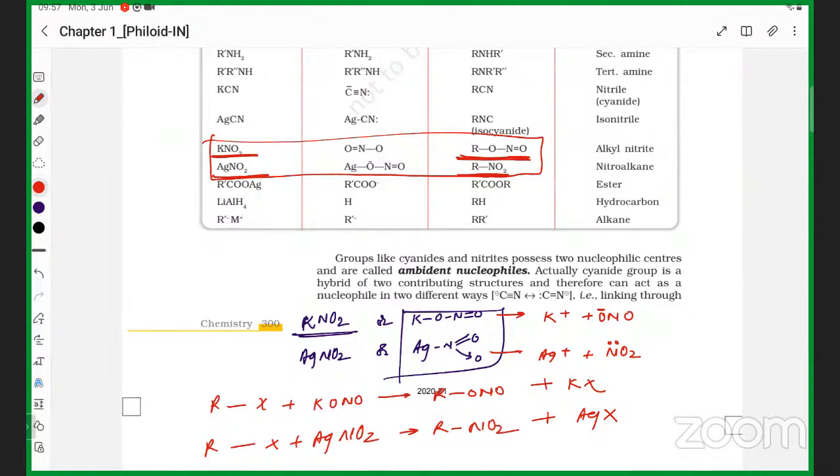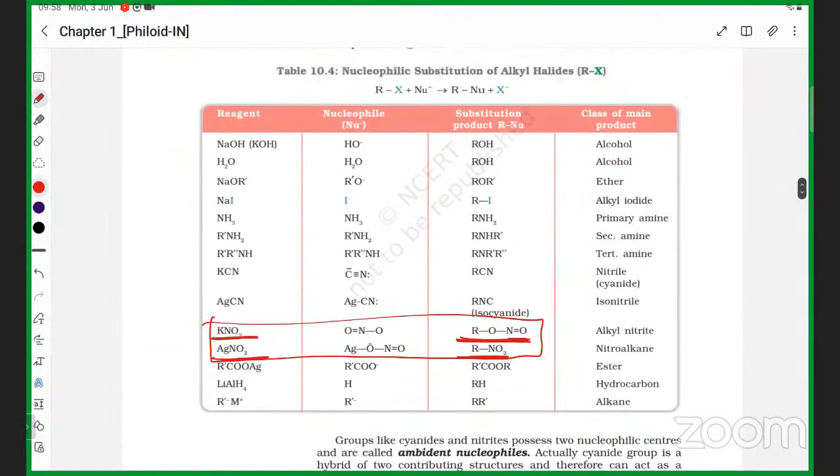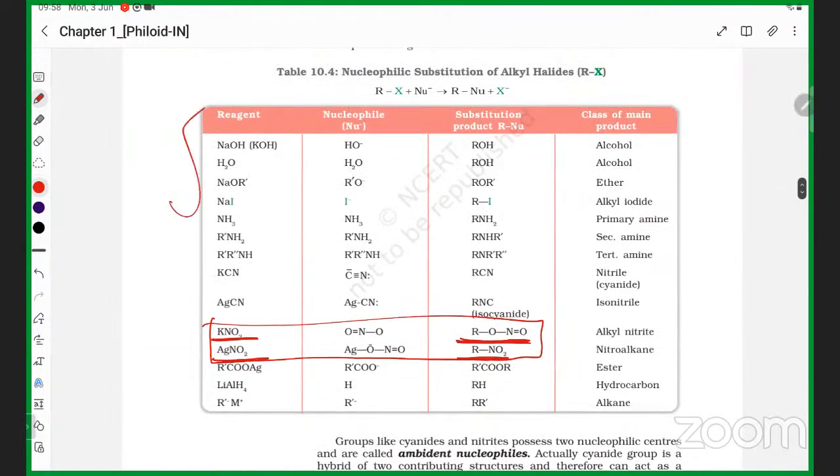Okay. So now this chapter is 50% completed. 1, 2, 3, 4, 5, 6, and 7. It means it will require 4 more classes. Today I am not teaching you more because it will be difficult for you to digest all. So all the reactions I told you, you memorize.